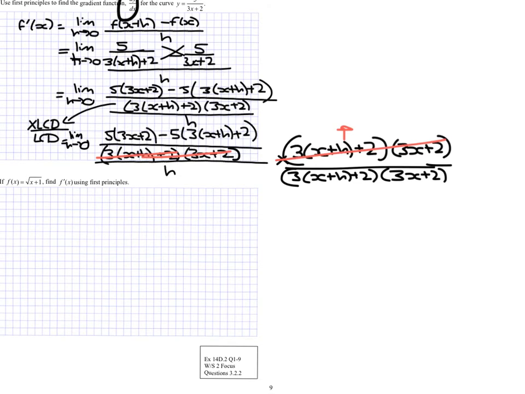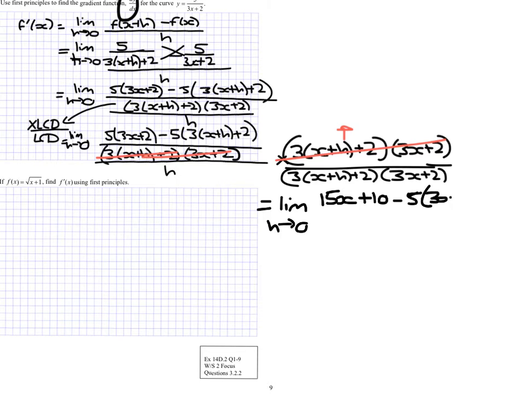So that is going to equal the limit as h approaches 0 then of 15x plus 10, take, now I'm just going to be careful here because I'm going to do the brackets bit first and then simplify it.